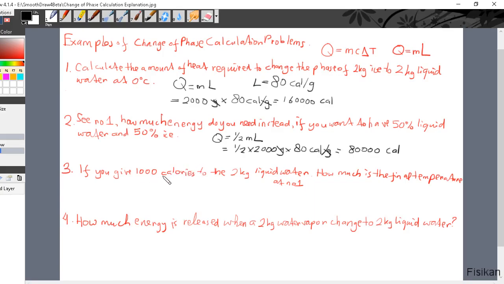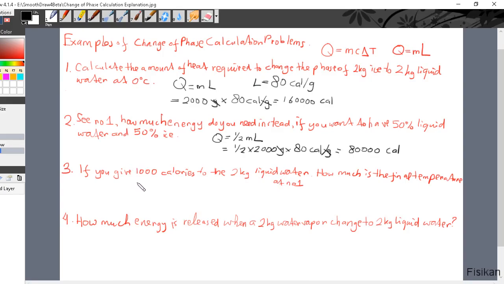Next is number 3. If you give 1000 calories to the 2 kilogram liquid water at number 1, how much is the final temperature? Now this one requires the first formula, which is to find the energy required for the substance to change its temperature. And this 2 kilogram liquid water will just remain in the same phase, which is liquid.